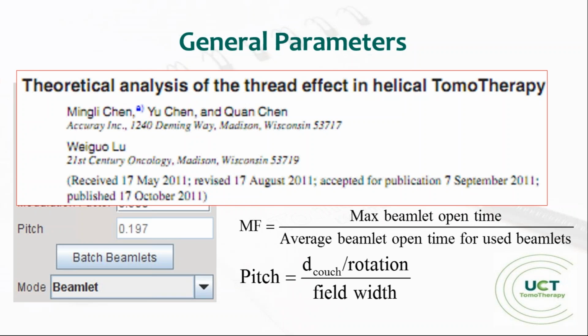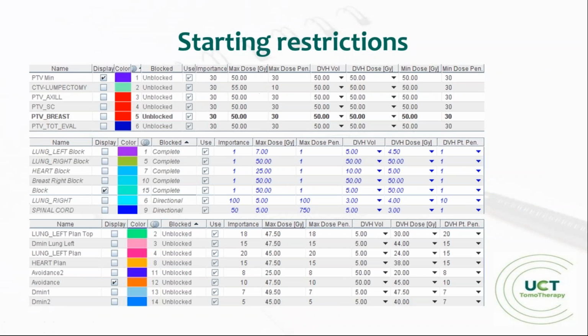So pitch is what part of the beam width the table goes for one direction, for one rotation of the gantry. So these are my starting parameters.